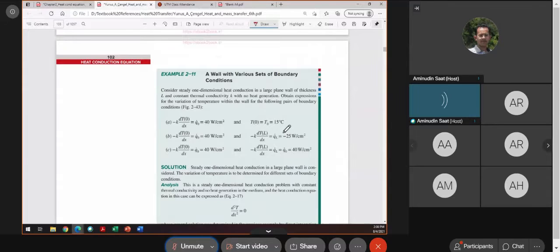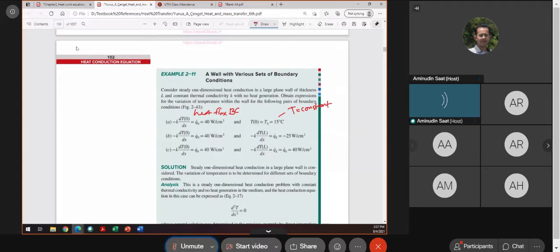The second example has different boundary conditions, like the heat flux. This is a heat flux boundary condition. I put BC for boundary condition. This is a constant T boundary condition.